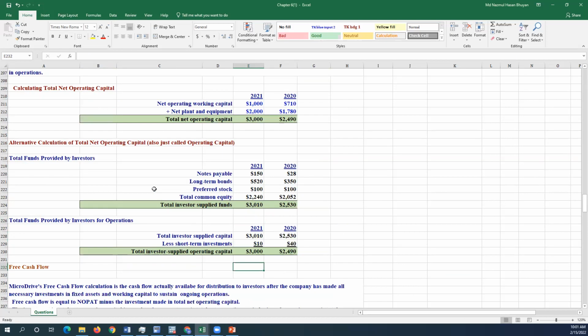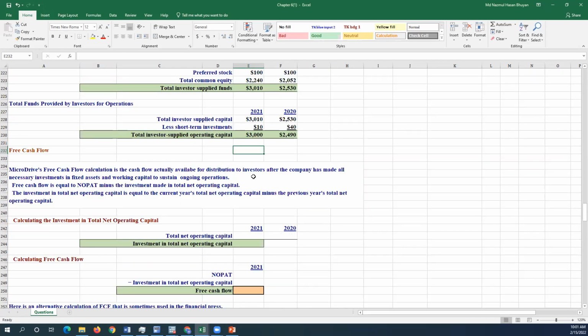Now let us compare. You can see in both approaches, we get the same value for the total net operating capital. All right. Now let us calculate the free cash flow to the firm.